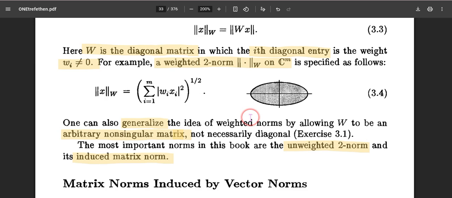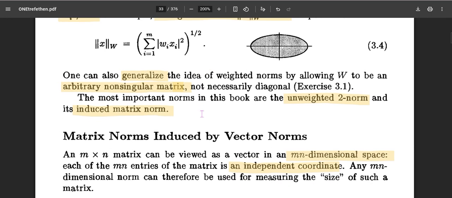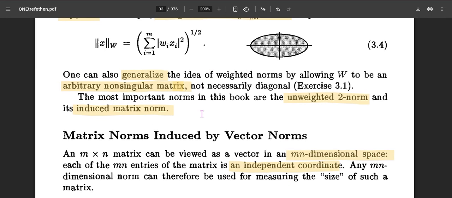We can also generalize the weighted p-norm, where W need not be a diagonal matrix. It can be any non-singular matrix. In that aspect, it can go to an unweighted induced matrix norm.